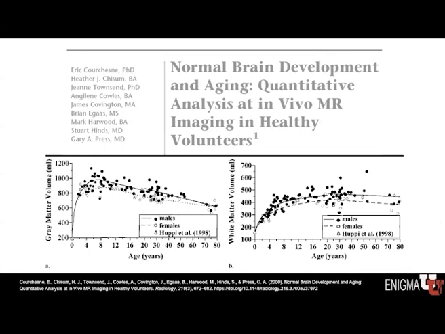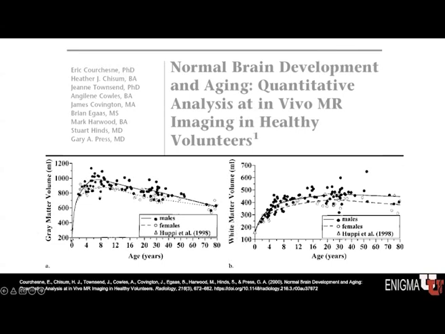So we consider here the changes in volume over the lifespan. We'll consider gray matter and white matter volumes separately. So first of all, starting here on the left, gray matter, again, this is, for example, the cortex of the brain, and some of the subcortical nuclei also have gray matter components.